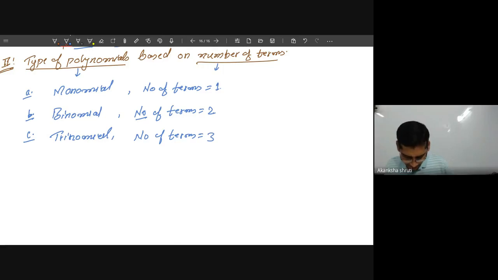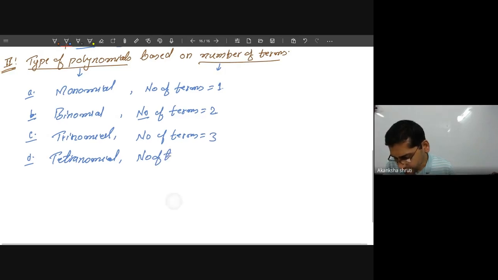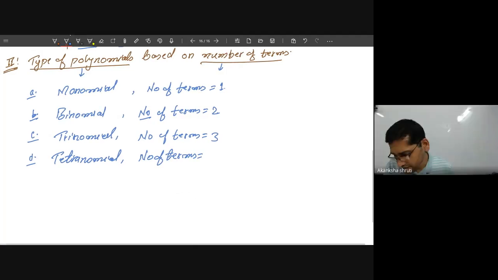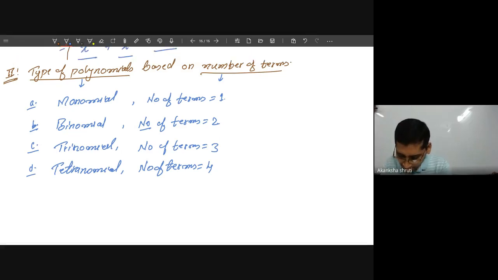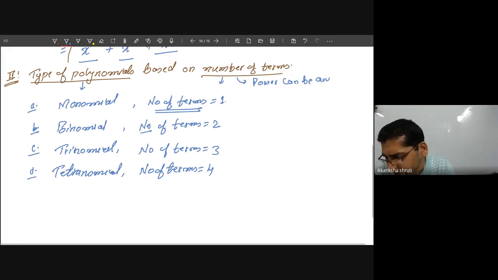So a student, here it is important to note that if I am taking the 4th term, it is called as tetranomial. If number of terms is 4. Here, the number of terms is important, not the power. Power can be anything.